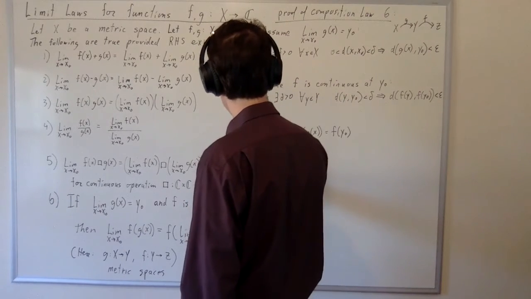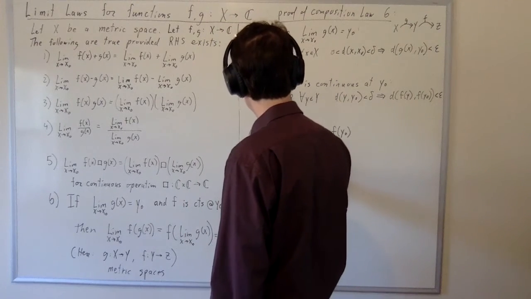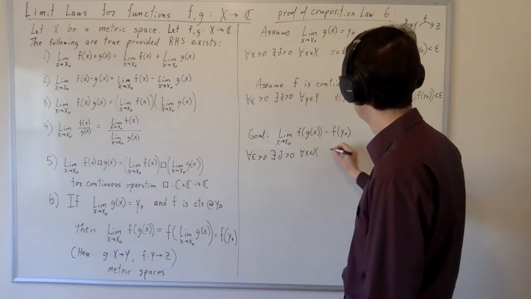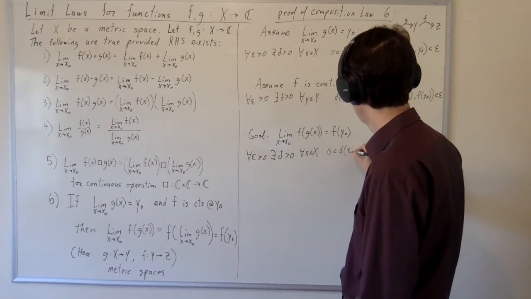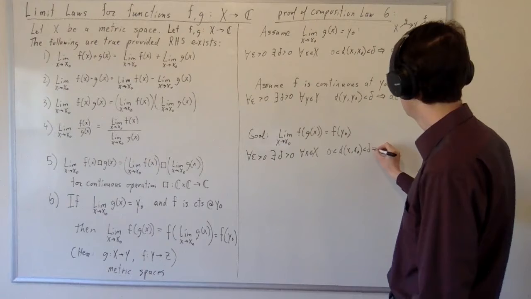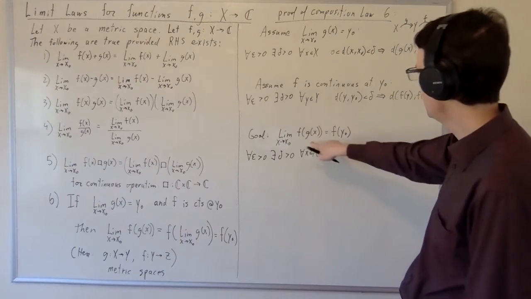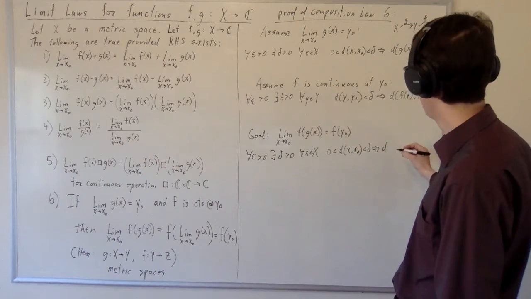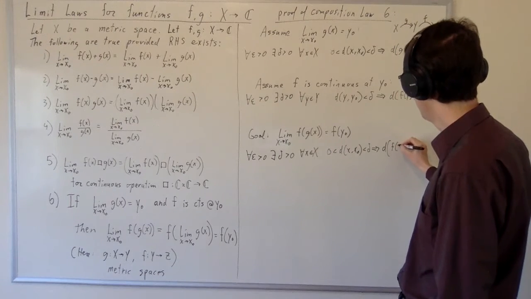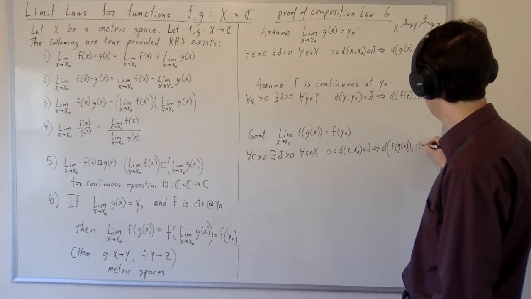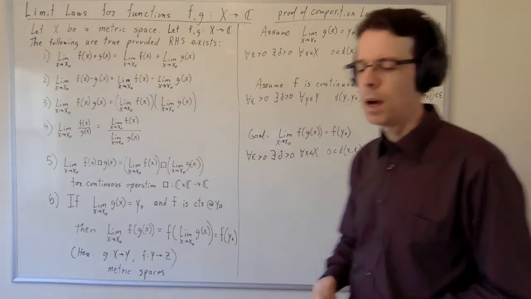We're trying to prove for every positive epsilon, there exists a delta such that for every x in the metric space x, if the distance between x and x naught is less than delta and greater than 0, then now this is a little bit tricky here. The function involved is f of g of x, and the limiting value is f of y naught. So the distance between f of g of x and f of y naught is less than epsilon. That's what we want to prove.